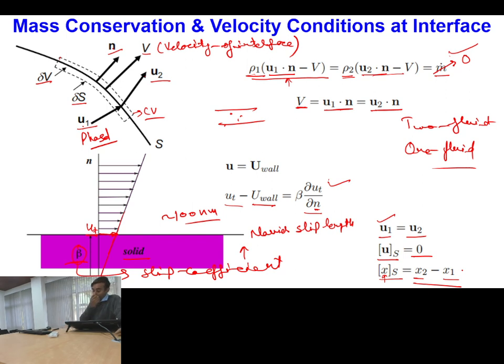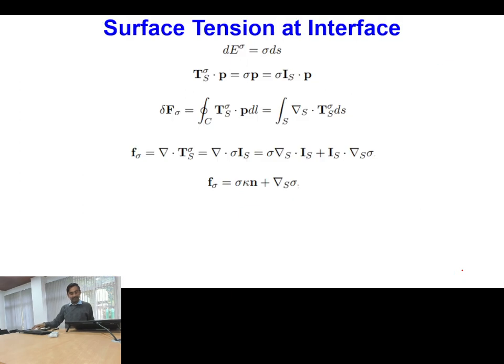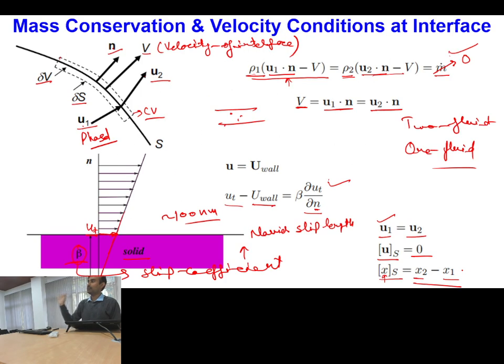So right now the approach I am using is a two fluid approach. In the two fluid approach, the rest of the portions you solve as they are, but for the interface you need to define kinematic and dynamic boundary conditions. The kinematic boundary conditions I have defined. Dynamic boundary conditions, if you recall from the previous discussion, do you recall what they are?